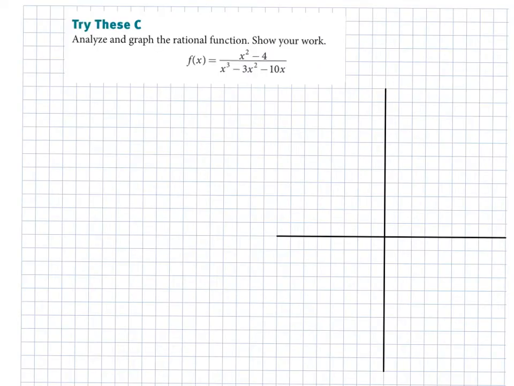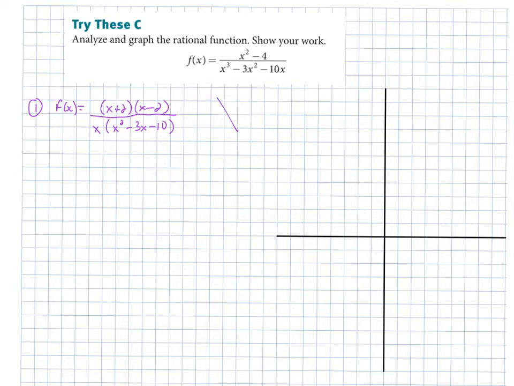Okay, I'm going to walk you through graphing a rational function by factoring it and finding all of these interesting pieces here. So step one, of course, is just to go ahead and factor it. f of x is equal to, we have a difference of squares on top, (x plus 2)(x minus 2). And again, if you wanted to pause this and try it on your own, I encourage you to. A GCF of x on the bottom, leaving me with x squared minus 3x minus 10.